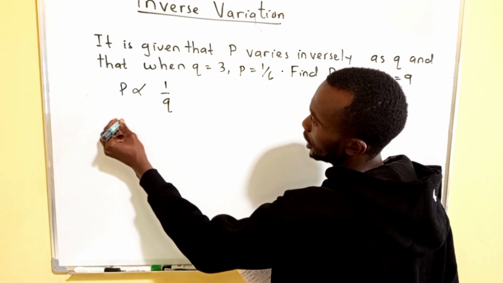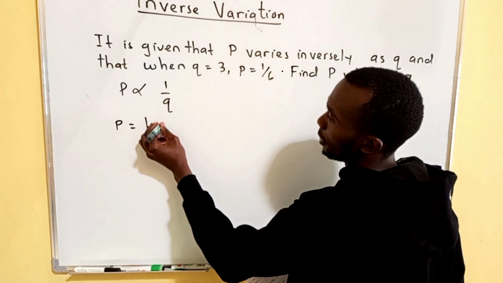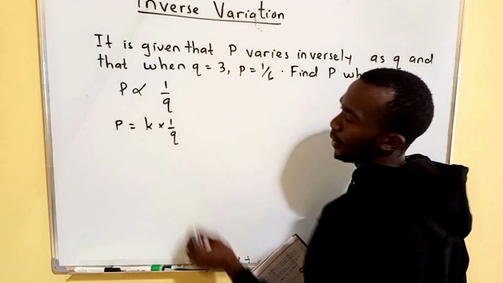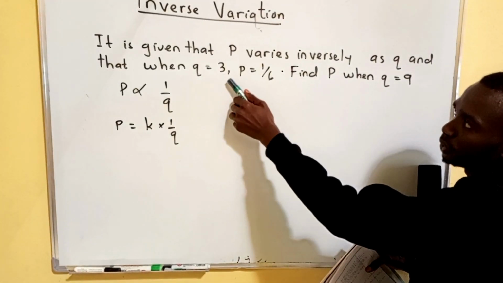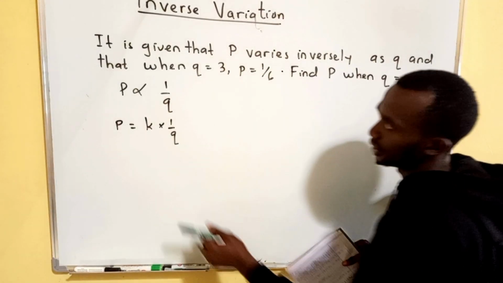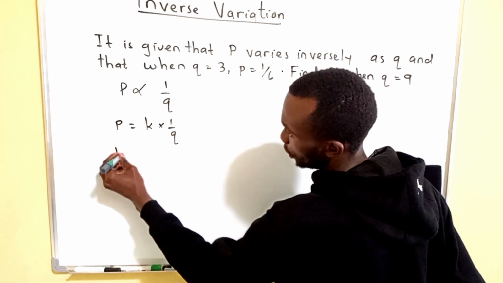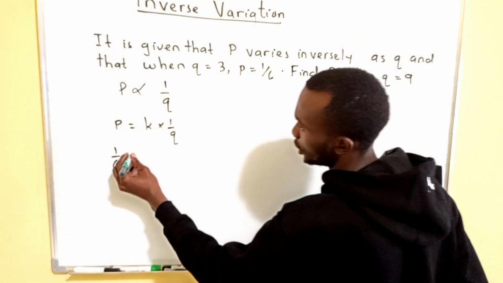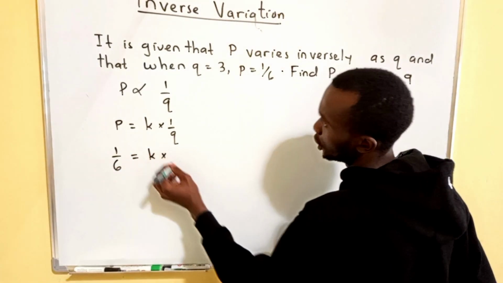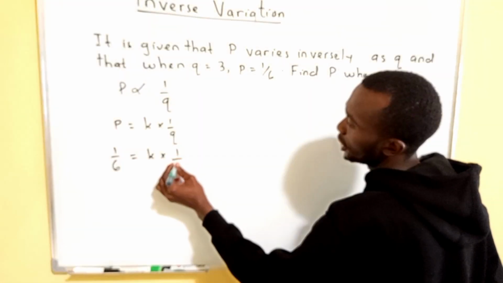So p is equivalent to k multiplied by 1 over q. Now when q is equal to 3, p is equal to 1 over 6, we substitute. Doing the substitution, 1 over 6 is equivalent to k times 1 over 3.